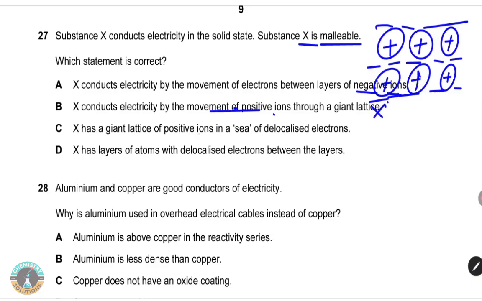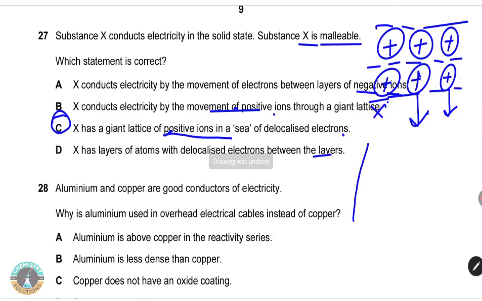X has a giant lattice of positive ions in a sea of delocalized electrons. Yes, these are the positively charged ions, these are the delocalized electrons. So this option is correct. In the last option, X has a layer of atoms with delocalized electrons, but between the layers, no.